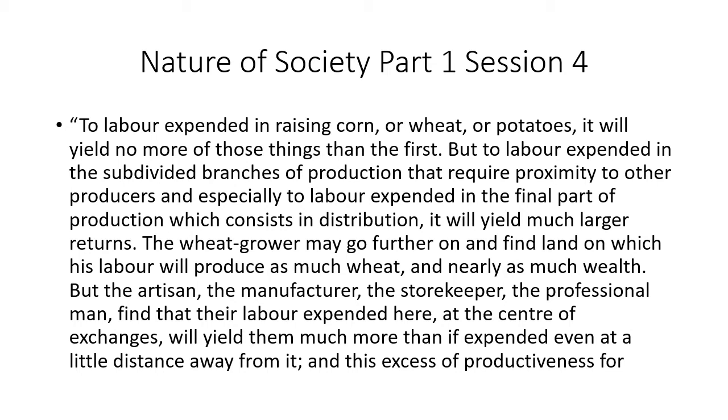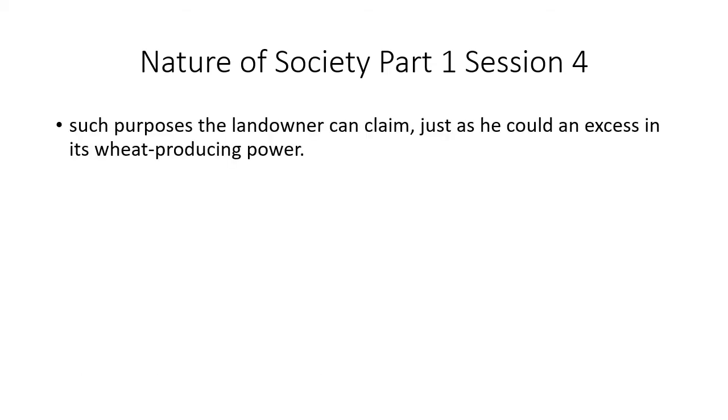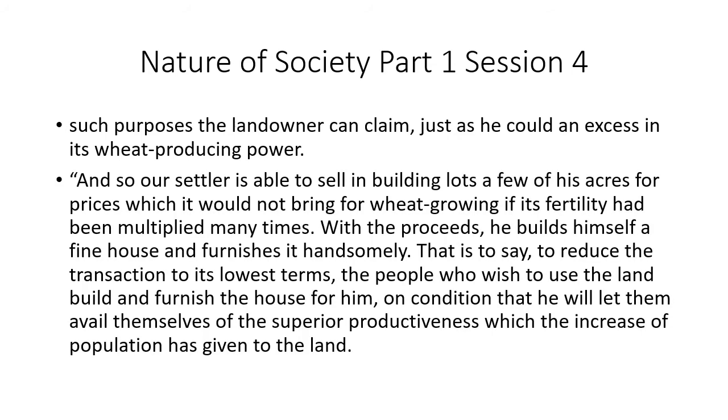And this excess of productiveness, for such purposes, the landowner can claim, just as he could an excess in its wheat producing power. And so our settler is able to sell in building lots a few of his acres for prices which it would not bring for wheat growing if its fertility had been multiplied many times.